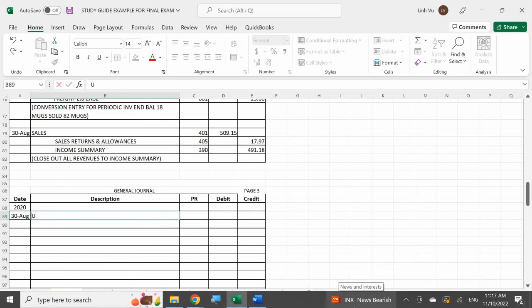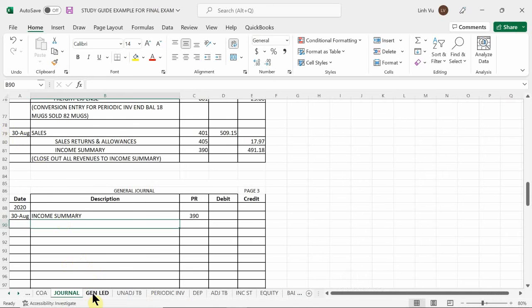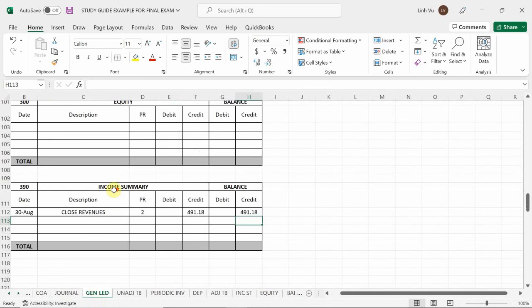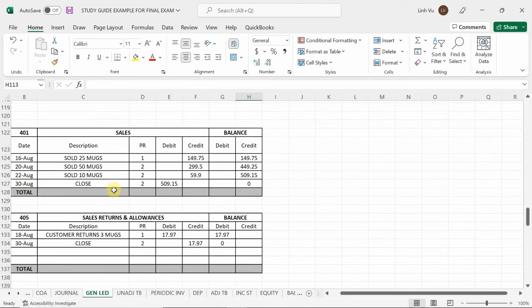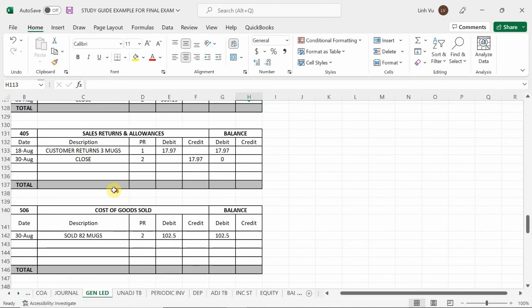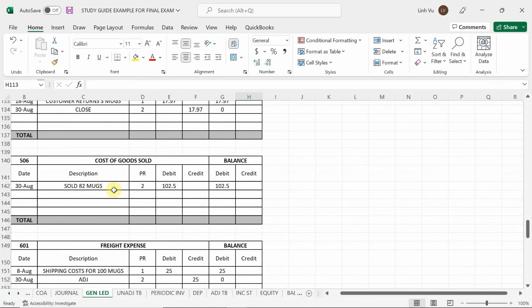So in this case, I need to at least put in my income summary first, because this is what I'm going to be debiting. My first expense account is going to be, let's see, income summary, sales is 0, sales returns and allowances is 0. What's my very first expense account?